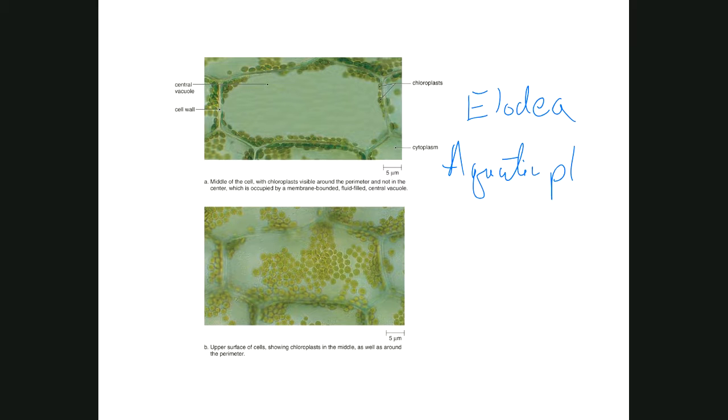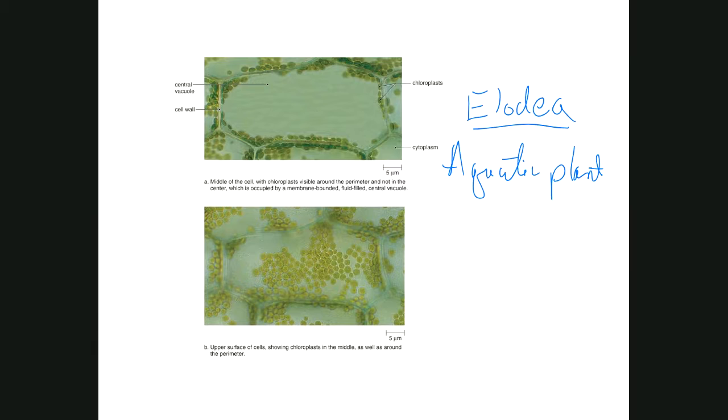They used to sell these at the local fish stores, the fish shop for aquariums, because people like to grow plants in their aquariums. It's a popular plant for biology because it makes for easy observations.